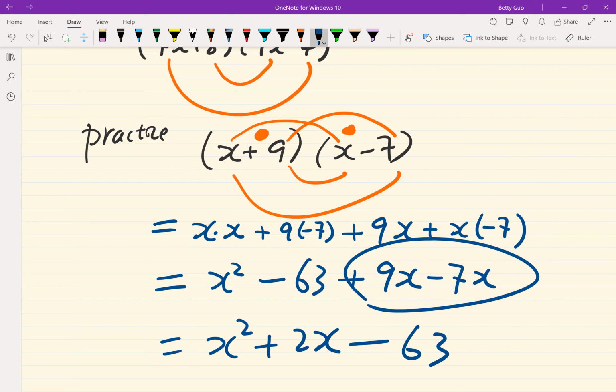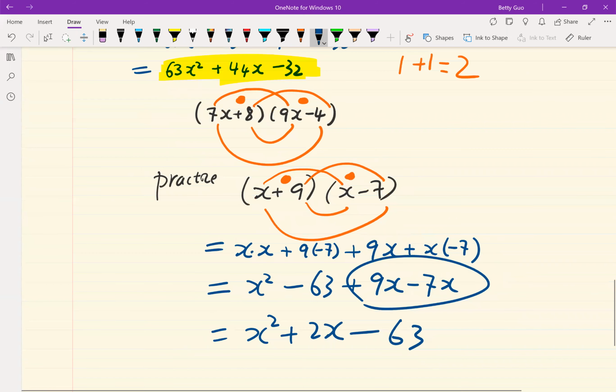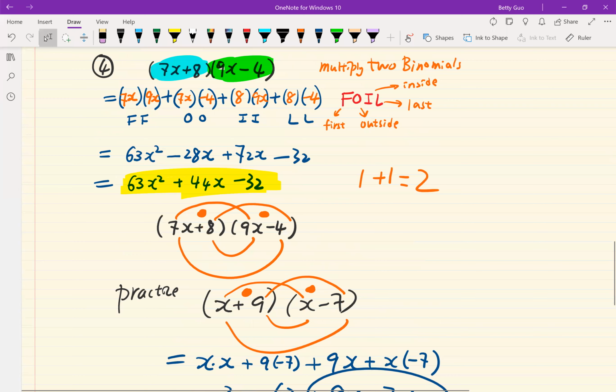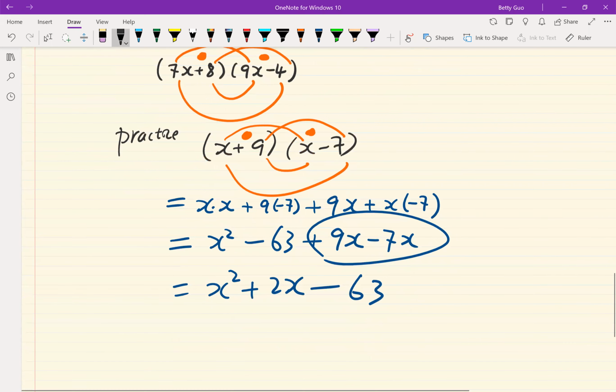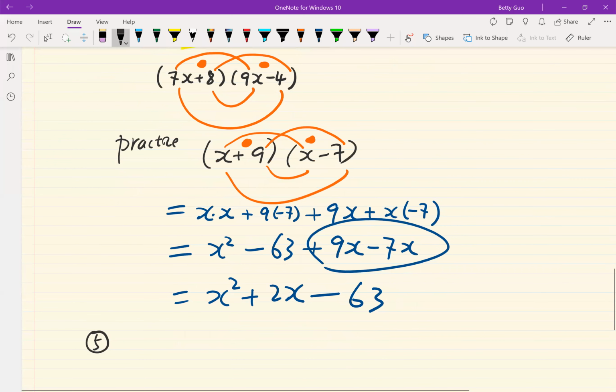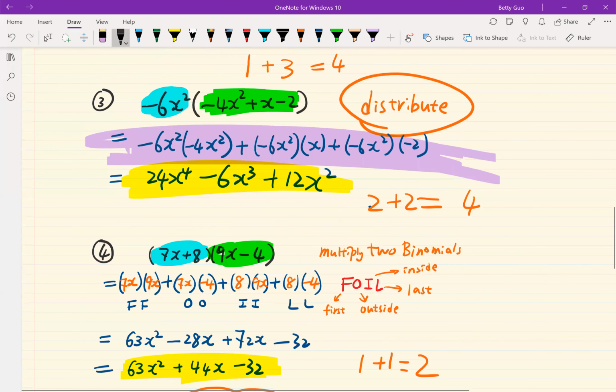Make sure you have the same result. That's for you. Very, very important. Be careful with the sign. And number 5. Let's see what example. We're going to try this one.